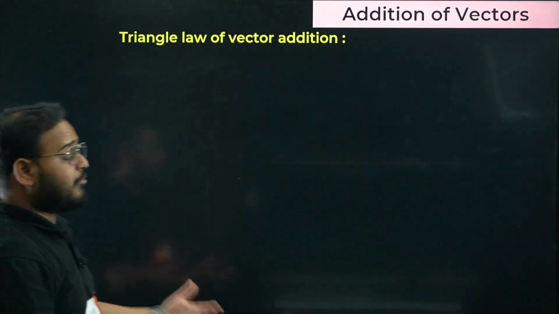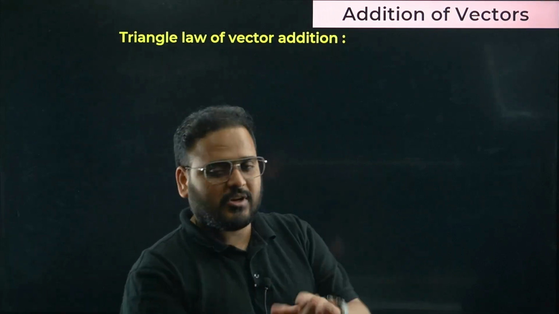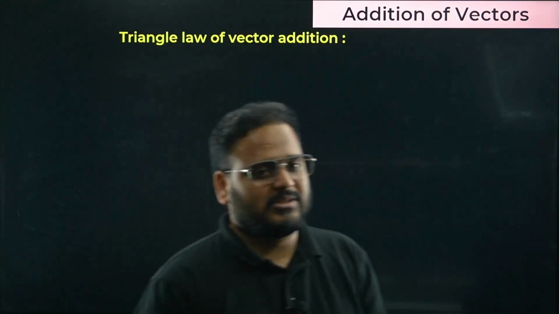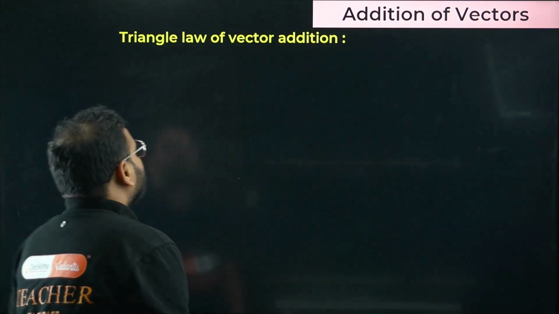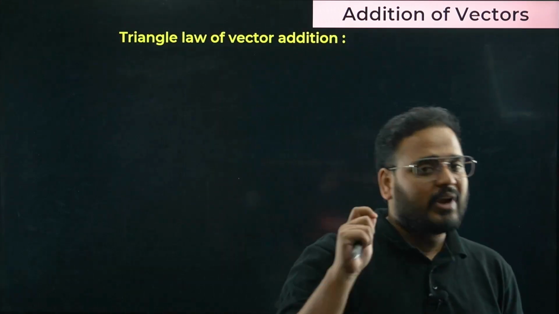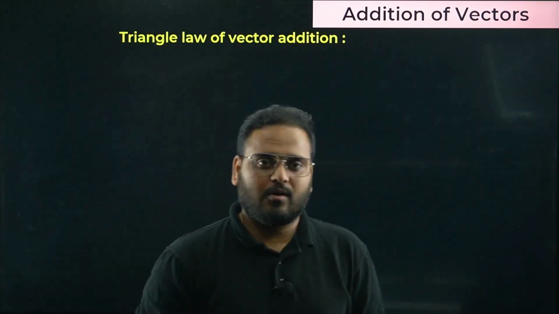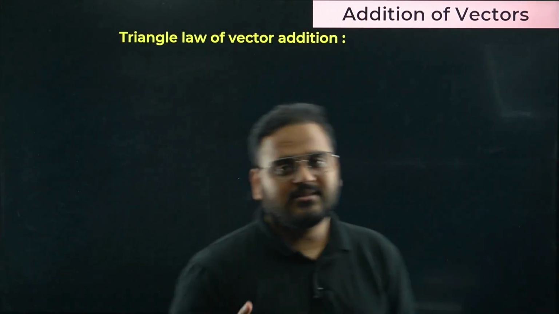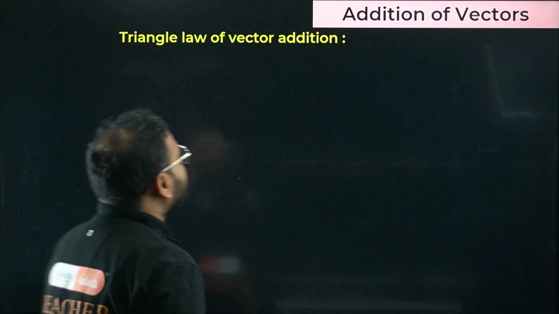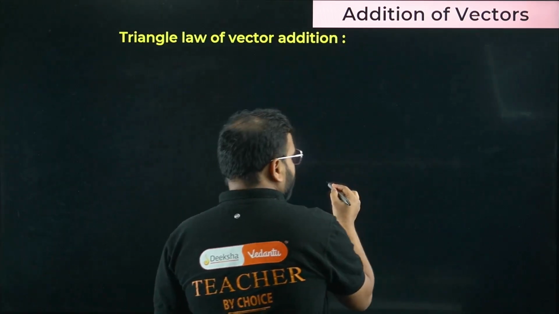Before question number 4, I've done some questions, so let's get back to learning some concepts. Addition of vectors. We have 2 rules to study: the triangle law of addition and the parallelogram law of addition. Let's learn the first one, the triangle law of addition. Of course, we'll draw a triangle.